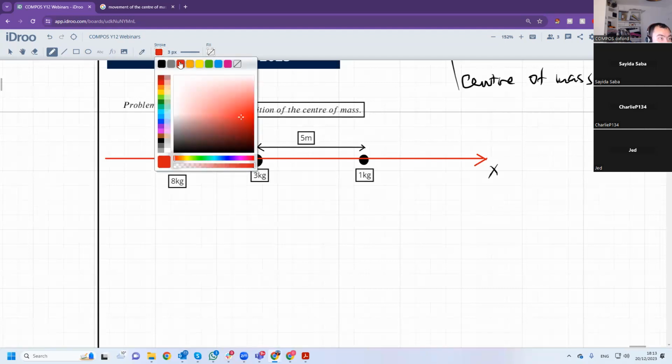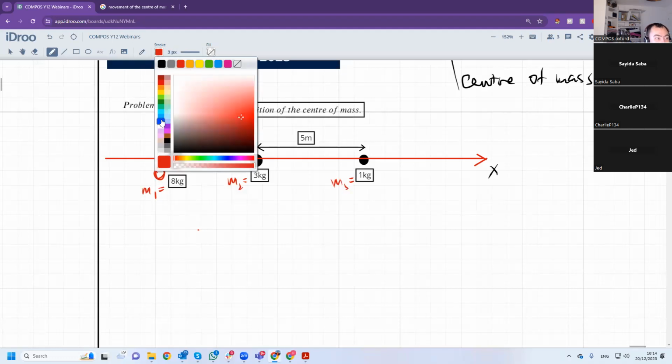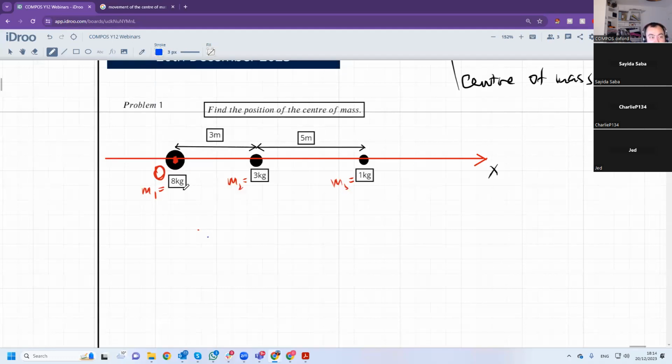Let's say that the origin, point O, is here. That means this is M1, this is M2, this is M3, and the position of the first mass, x1, is 0, x2 is 3 meters, and x3 is 8 meters.